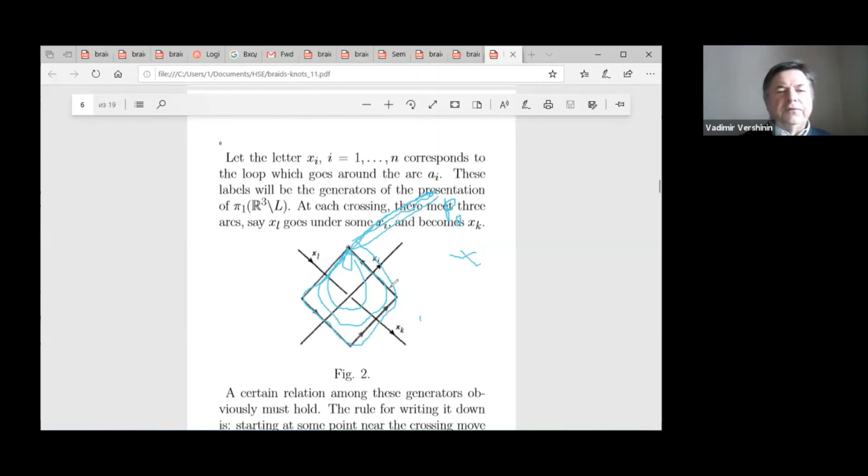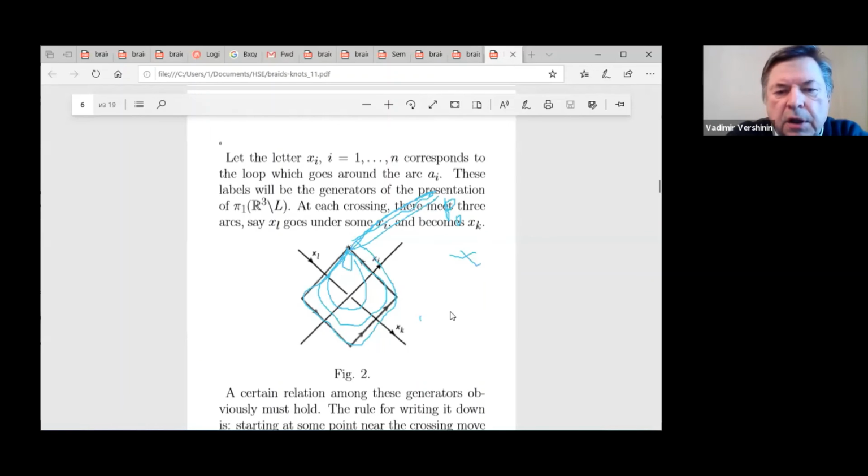And you should have the product of these loops, which correspond to the generators, should be equal to 1, to the fixed point. So this may be proved strictly.